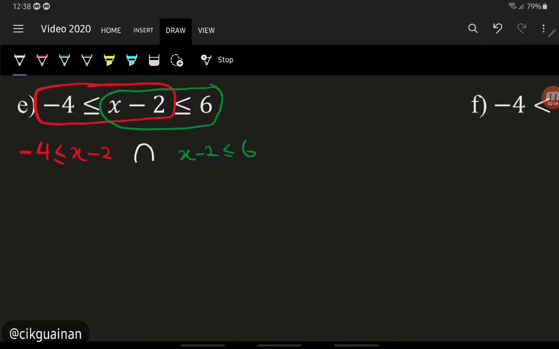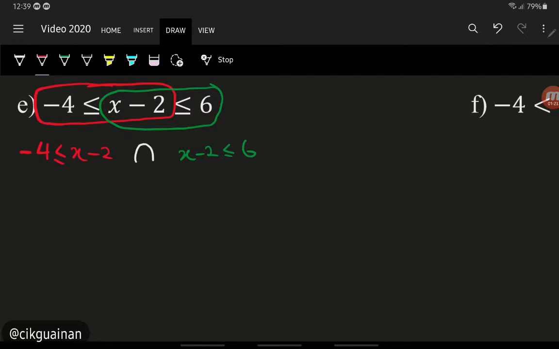Why the intersection symbol? Because the red part and the green part of the inequalities must both be true in order for the whole thing to be true. They happen at the same time, so we put an intersection between them. It means both must be true.